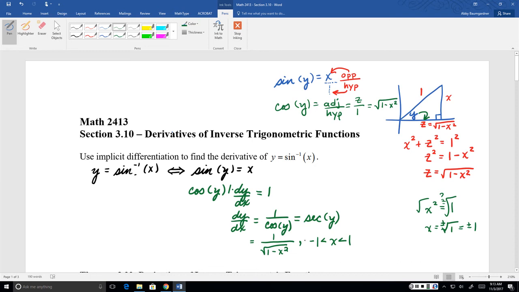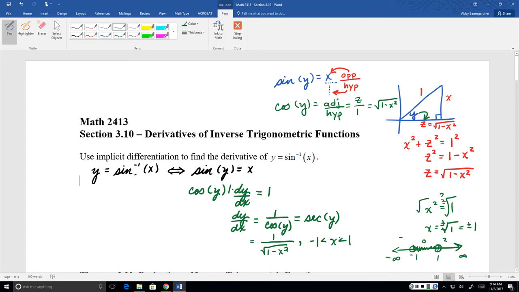So that's why I can only plug in numbers between negative 1 and 1. You could put this on a number line and test some values, and you'll find that only these work.